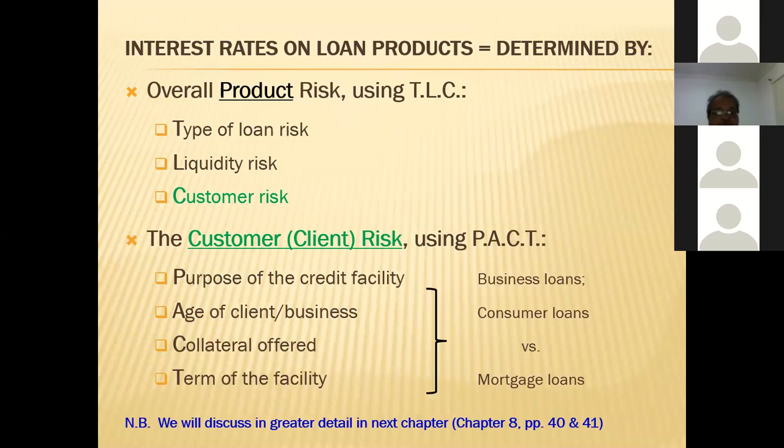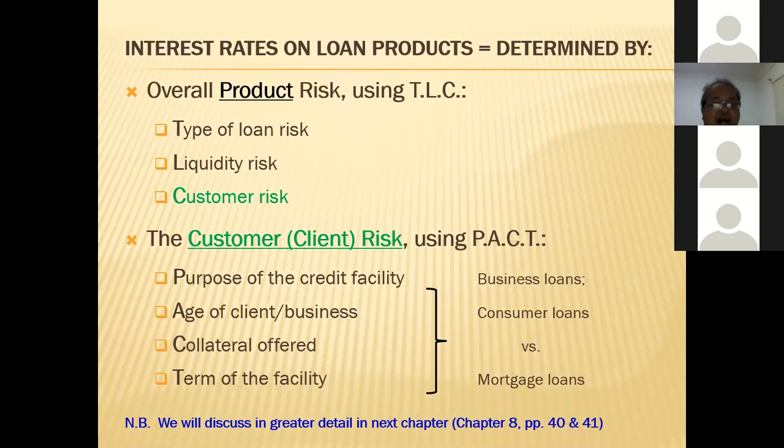So you have an overall product risk using TLC, and then you're saying the categories of this are the type of loan risk, liquidity, and customer. Do you have examples of the type of loan risk, or is that something a business or bank will have to establish, the layers of the risk involved?